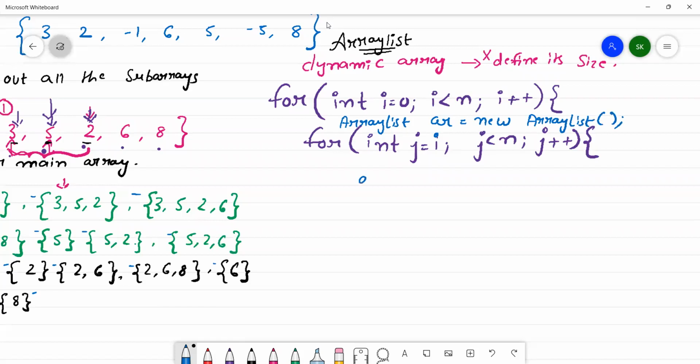And as soon as you come in, you will just write AR.add, and here you will write not i, but whatever value you're given in the array, that value at index i. Is it clear, guys?